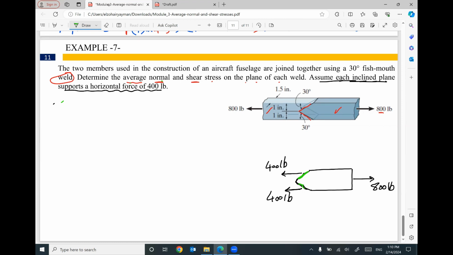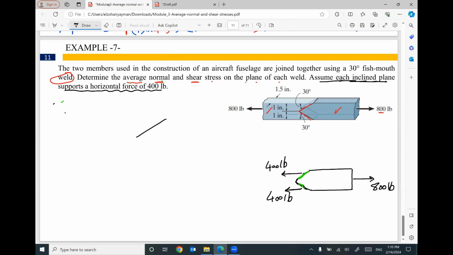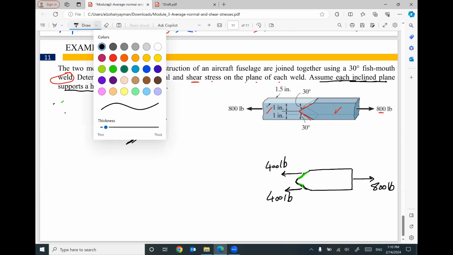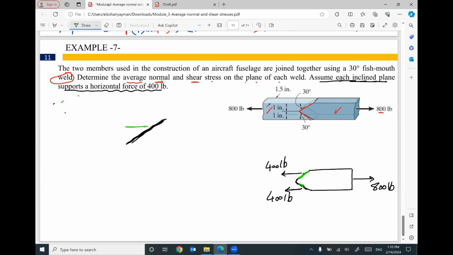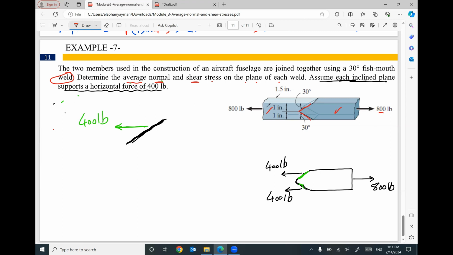So the idea is we cannot divide 400 pound by the area. Do you know why? Because this inclined surface is under the effect of a horizontal force, 400 pound. Unfortunately, I have to break the 400 pound into two forces, one perpendicular to the cross section and one parallel.